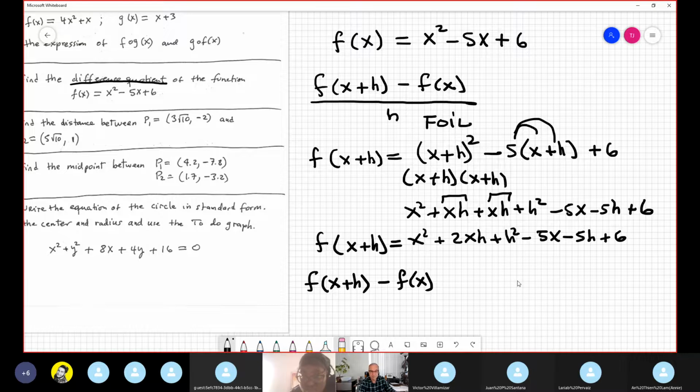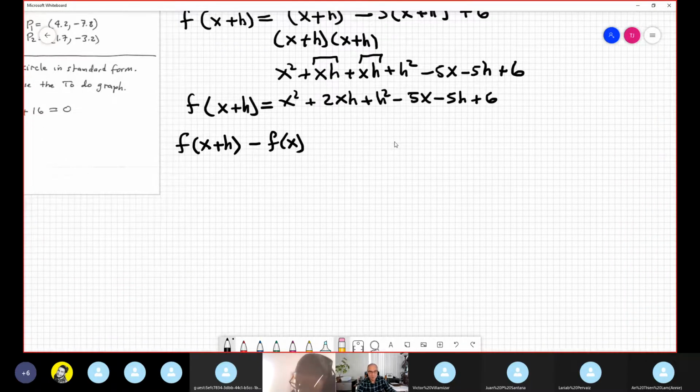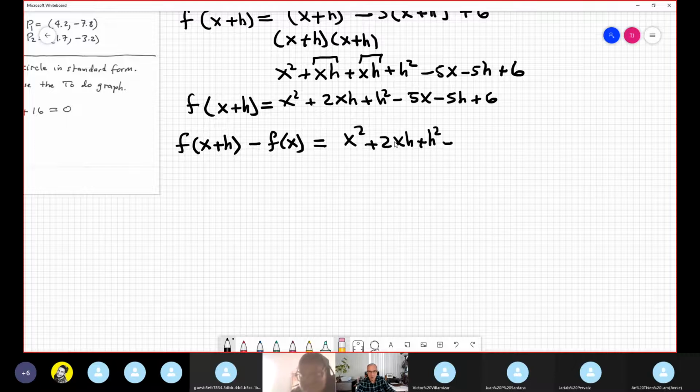I copy again. X squared plus 2xh plus h squared minus 5x minus 5h plus 6, minus the original.